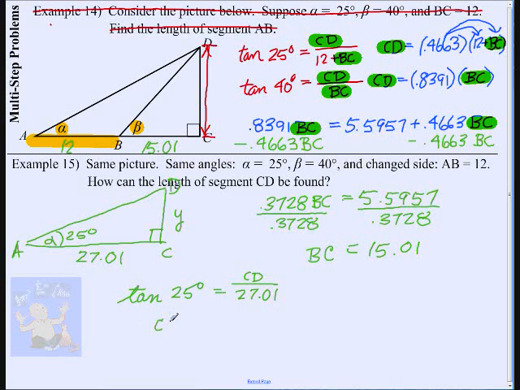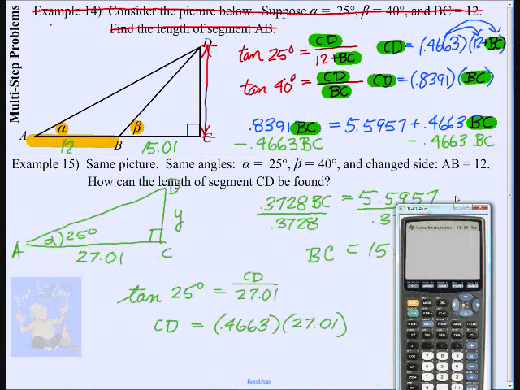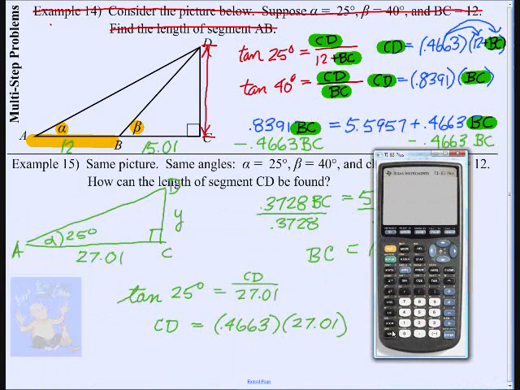So my CD equals the tangent of 25 degrees, 0.4663 times 27.01. Let's do that, and we will have that length.